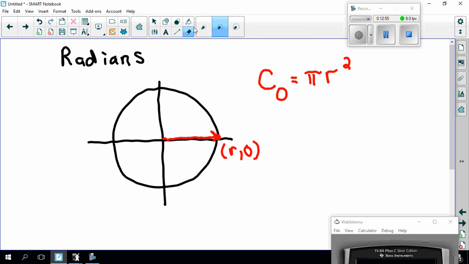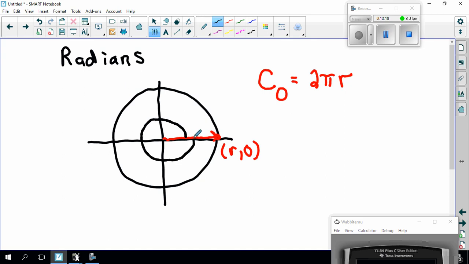Correction, 2 pi r. When I'm lecturing, I'm actually thinking about 30 seconds ahead of where I'm actually at, so occasionally that happens. Anyway, in this situation, the associated angle would be theta equals 360 degrees if I would like to go all the way around the circle.